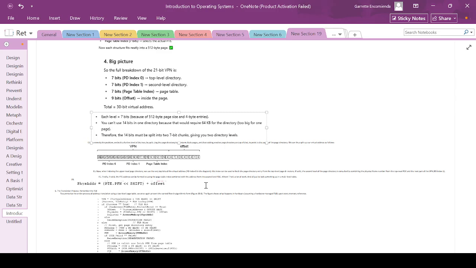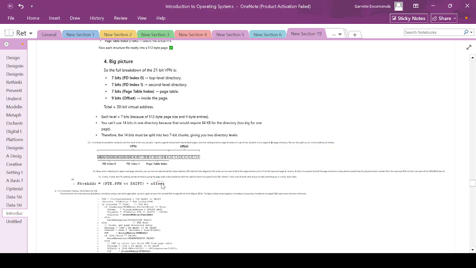Each level equals 7 bits because of the 512 byte page size and 4 byte entries. You can't use 14 bits in one directory because that would require 64 kilobytes for the directory, too big for one page. Therefore, the 14 bits must split into two 7-bit chunks, giving you two directory levels.